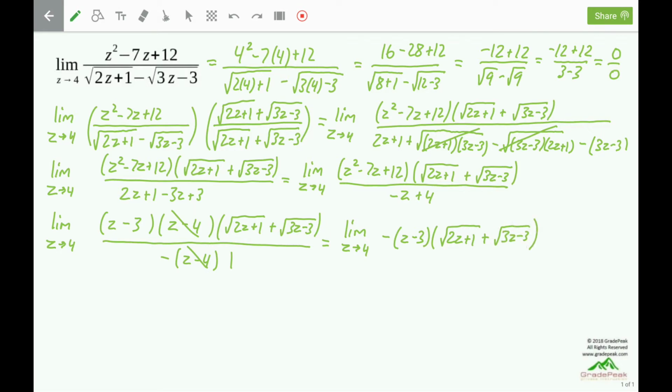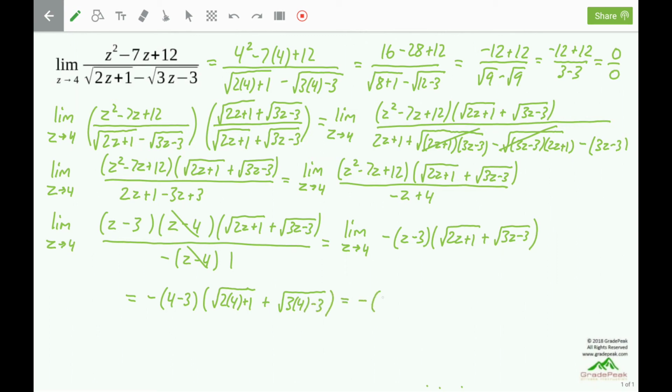And so we've reduced it to this. We should no longer have the 0 over 0 indeterminate form. We should be able to plug in a 4 for each of the z's. So this would give us a negative of 4 minus 3 times the square root of 2 times 4 plus 1 plus the square root of 3 times 4 minus 3.